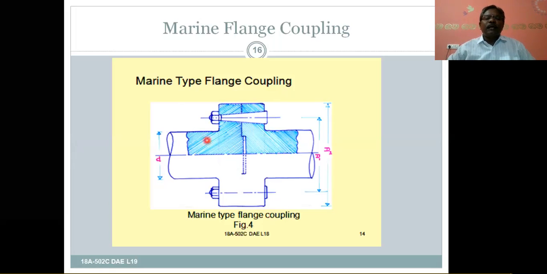So here you can see this will be the flange which is projected, integral with the shaft. That means this projected end, and a corresponding recess is also there, and a projection is also there, which will help you in perfect alignment. So here we are going to use tapered bolts instead of hexagonal bolts.